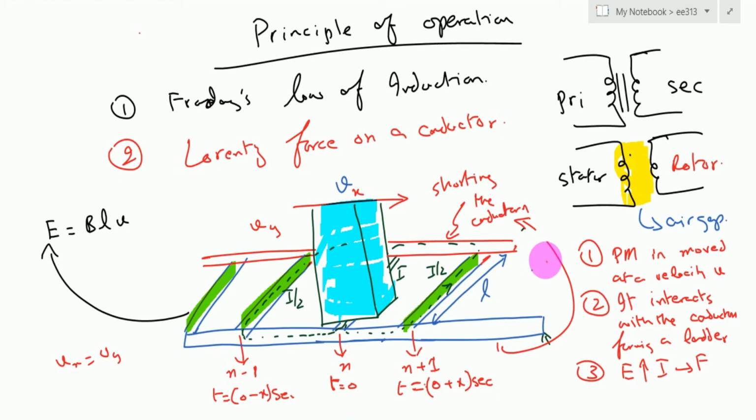So there will be an induced voltage with an induced current, and it will again experience a magnetic force on the conductor, and consequently the motor will rotate at a fixed speed, which is near the synchronous speed of the machine.